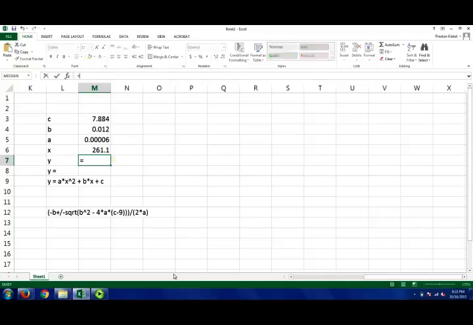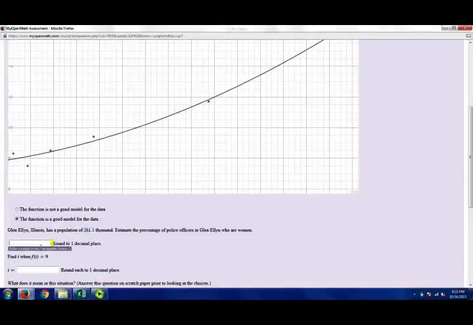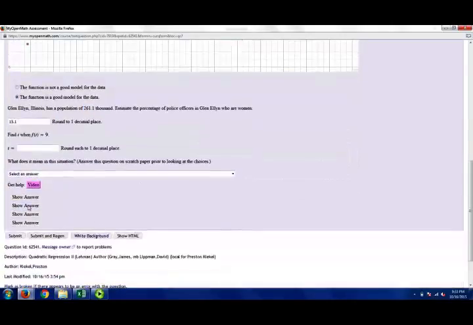Y equals a times x squared plus b times x plus c. And that's the prediction. I predict that if you have a town of 261.1 thousand people, it'll have about 15.1% female police. Okay, and I can show the answer, and there we go.